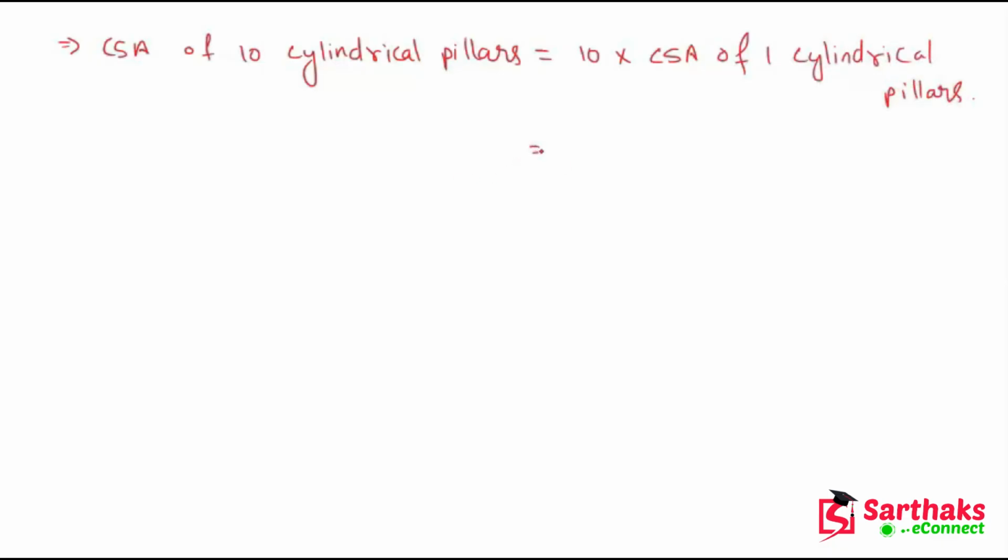And we know that CSA of one cylindrical pillar is 4.4. If we remove this point, here we get 10 and this 10 will be cancelled. So we get 44 meter square.